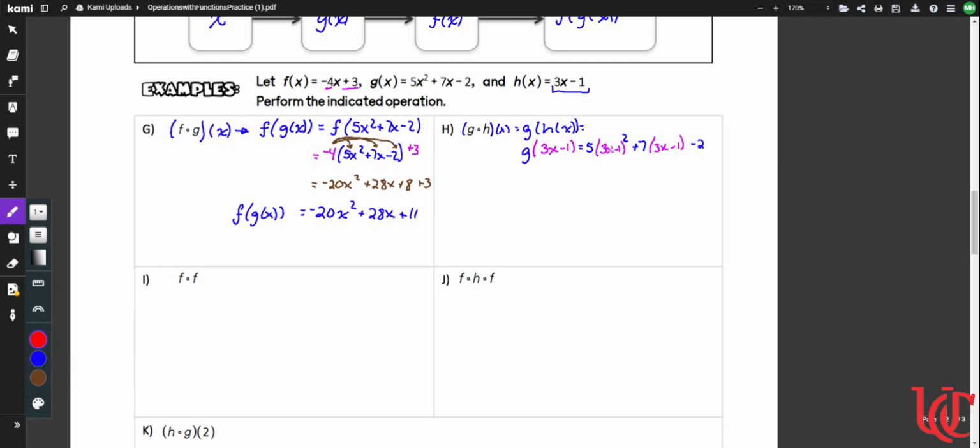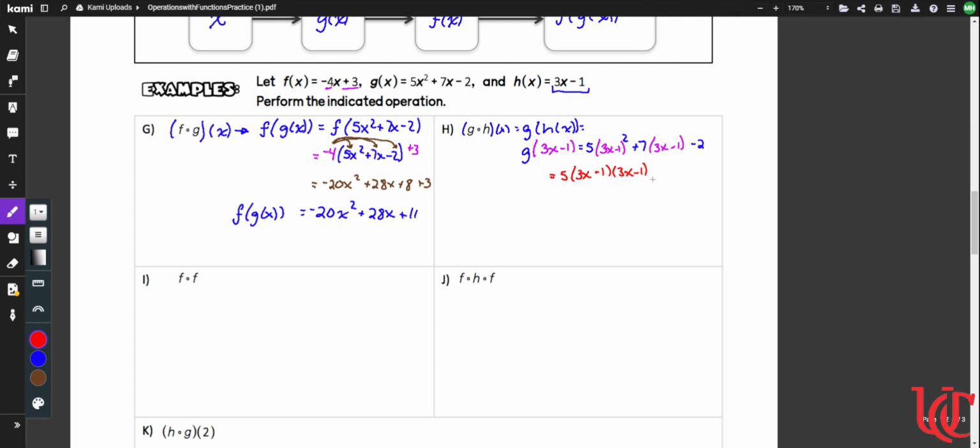Now, when you have a binomial, so 2 terms squared, I highly recommend writing it twice. So this is going to be 5 times 3x minus 1 times 3x minus 1, because you are going to have to either FOIL it out or use your box area method to simplify that.